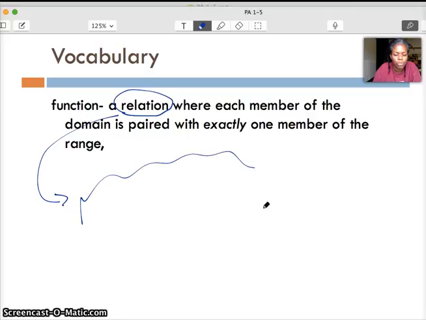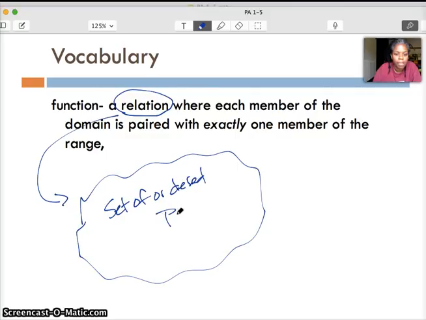A relation was a set of ordered pairs. All right, so a relation is a set of ordered pairs. So if we have a relation, that relation could be considered a function if it has a specific quality, and that is that each member of the domain is paired with exactly one member of the range.